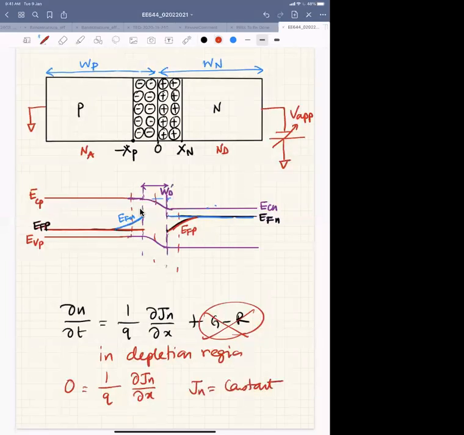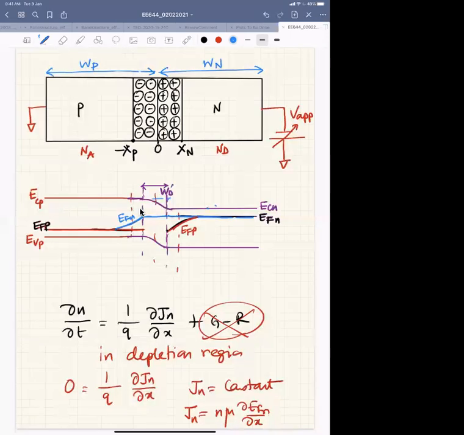Since Jn is constant, and we know that this electron current is n mu delta EFN by dx, so this we have also derived, right? So current is nothing but your quasi-Fermi level gradient, right? So if Jn is constant in the depletion region, you could draw the quasi-Fermi levels also constant, right? So basically, dEF by dx is not changing.